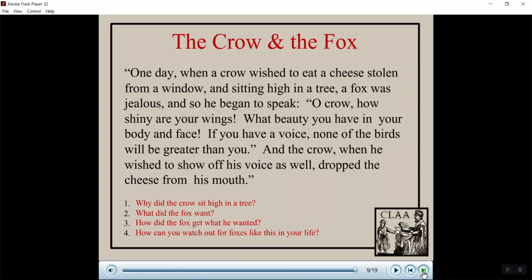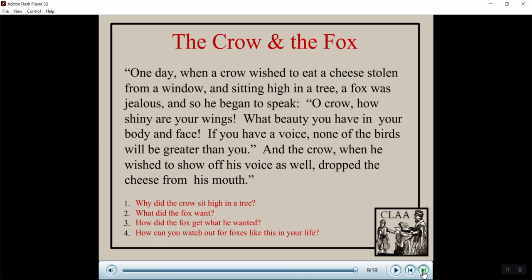What beauty you have in your body and face! If you have a voice, none of the birds will be greater than you." And the crow, when he wished to show off his voice as well, dropped the cheese from his mouth. The fable of the crow and the fox.